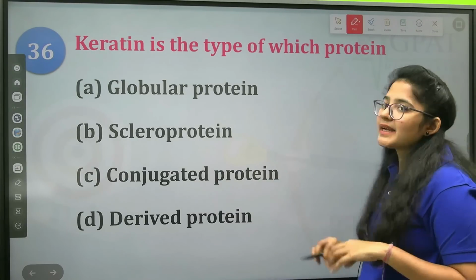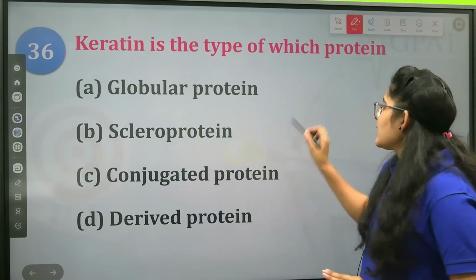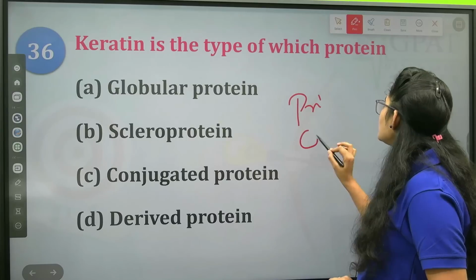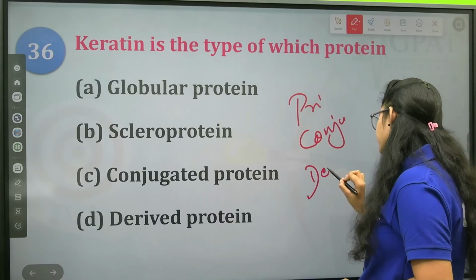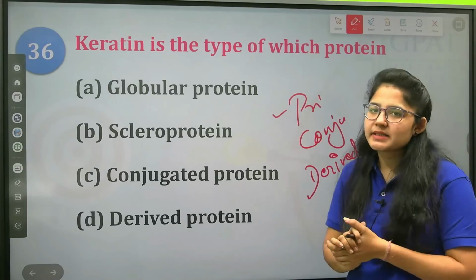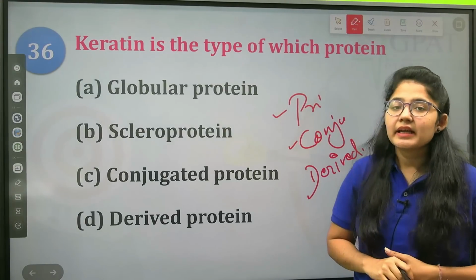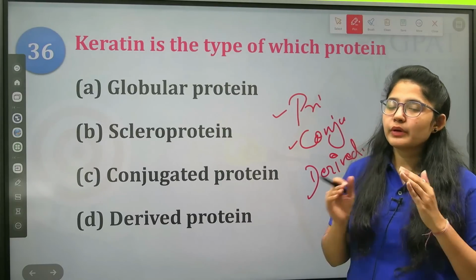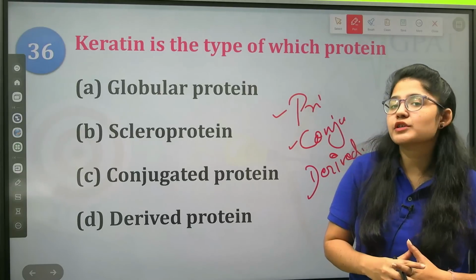Keratin is a type of which protein? Proteins are classified into 3 categories: primary, conjugated, and the last is derived. Clear? Primary has the simple proteins. Conjugated means that apart from the protein, it has another non-protein prosthetic group.